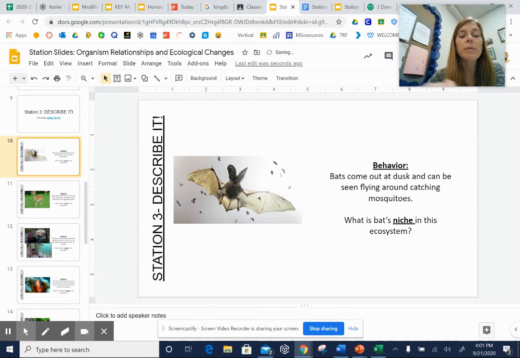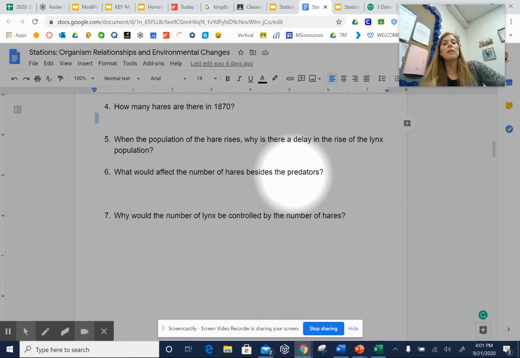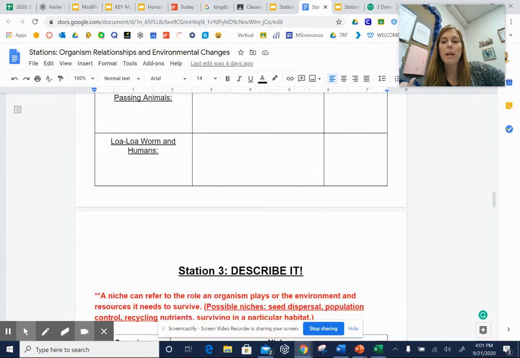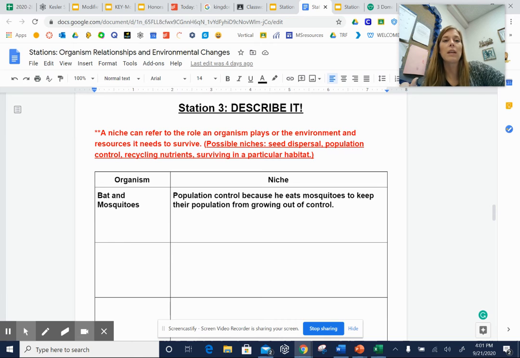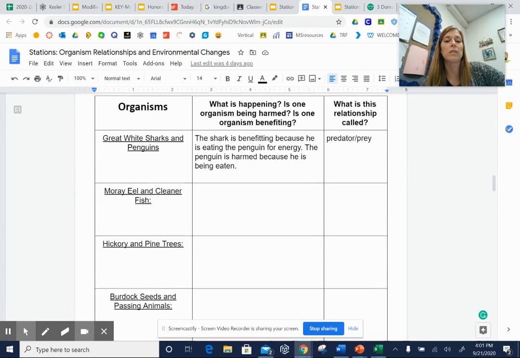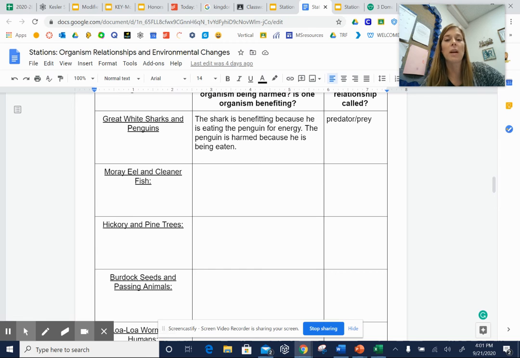Then over here, you were supposed to look at each picture and read this and decide what the niche is. Remember, if you just read the instructions, read the red words, then you should be able to see. And I even give an example there. So if you did not put this answer in, I gave you an answer, and some of you didn't look and see the answer I gave you.